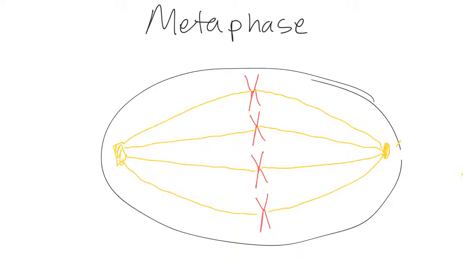These are homologous chromosomes, and they aren't side by side. That happens in meiosis, but here they are on top of each other. And they align in an imaginary line called the metaphase plate, right there in the middle. This is where the cell is going to divide eventually. But for now, there's nothing really there. It's just where they line up in the middle.